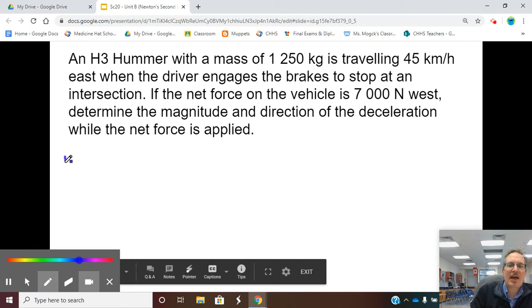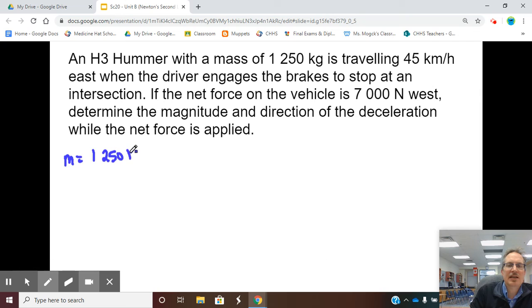So my mass of 1,250 kilograms is traveling 45 kilometers per hour east when the driver engages the brakes to stop at an intersection. If the net force is 7,000 newtons. So we are traveling east, our force is west.